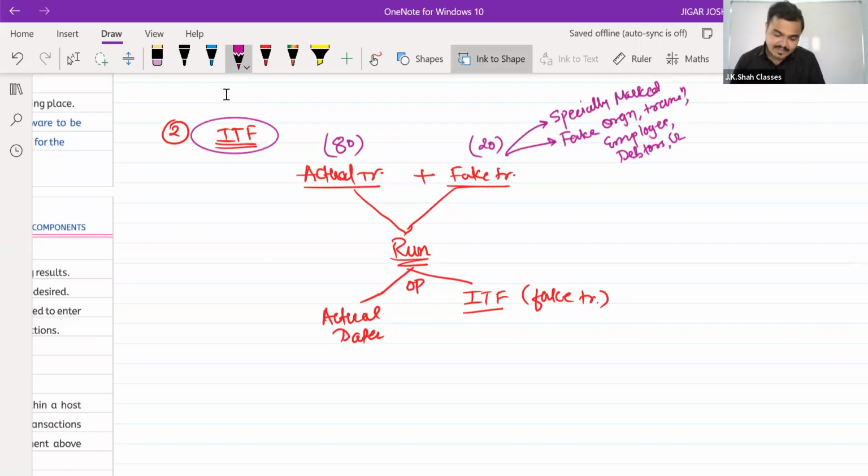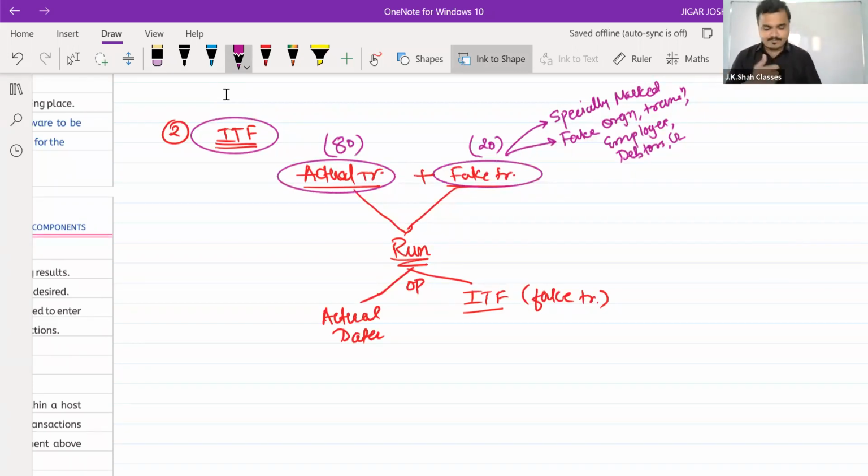Here you are taking your actual transactions, that means live data, which is your current year's books of accounts, and you added fake transactions. These fake transactions must be separately marked so that in case the system process does not work perfectly, at least you will be able to identify them.